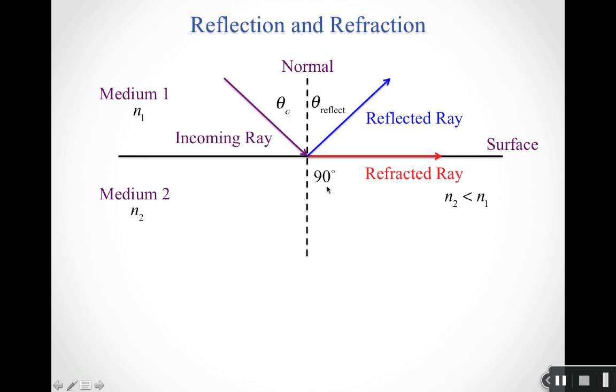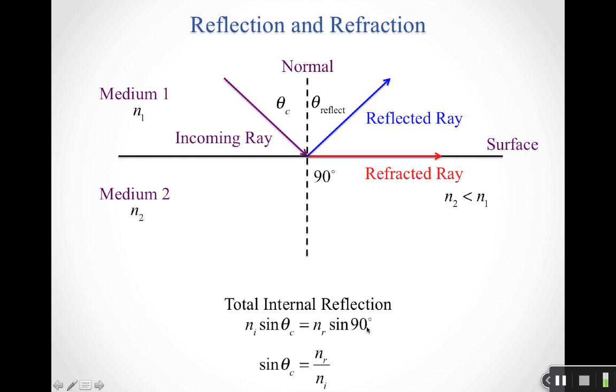That's my theta sub c here. My refracted angle is now 90 degrees. And this whole process is known as total internal reflection. At the critical angle, the refracted ray, instead of transmitting through, is going out along the surface.